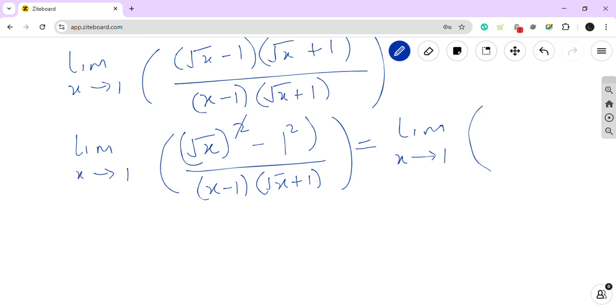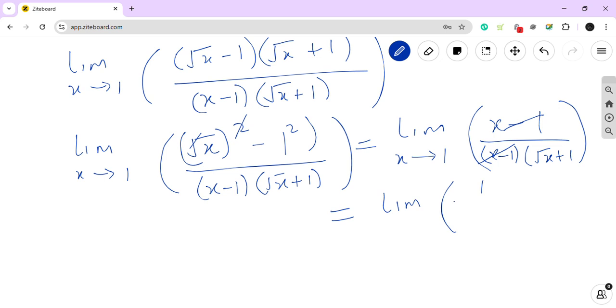This square can cancel this square root, so we have x minus 1, because 1 squared is 1, over x minus 1 and root x plus 1. So this can cut this, and we have the limit as x tends to 1 of 1 over, we are left with root x plus 1 at the down part.